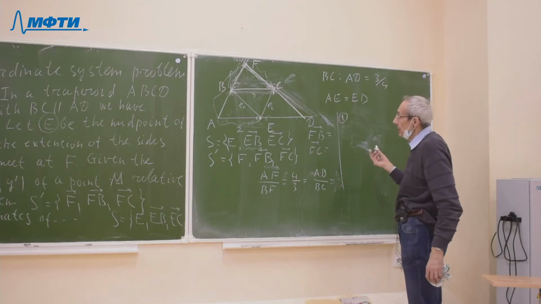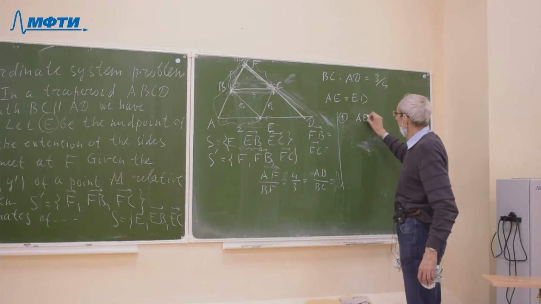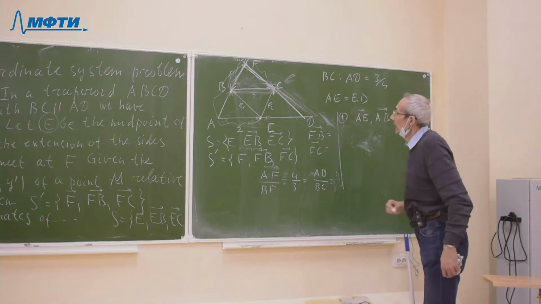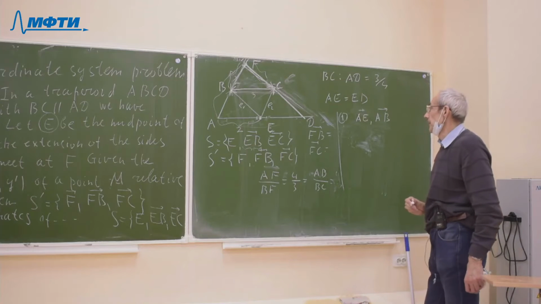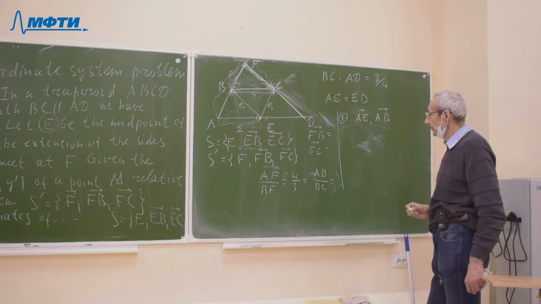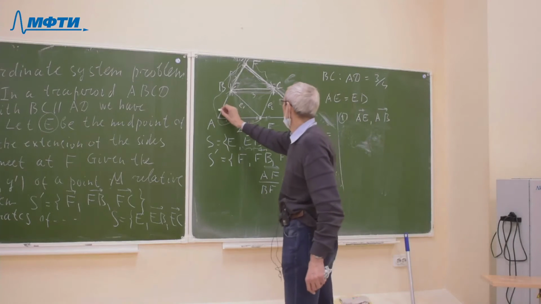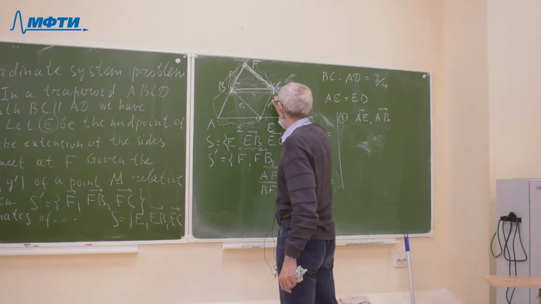We can use the third basis AE and AB, and in terms of this basis we can express this one and this one.